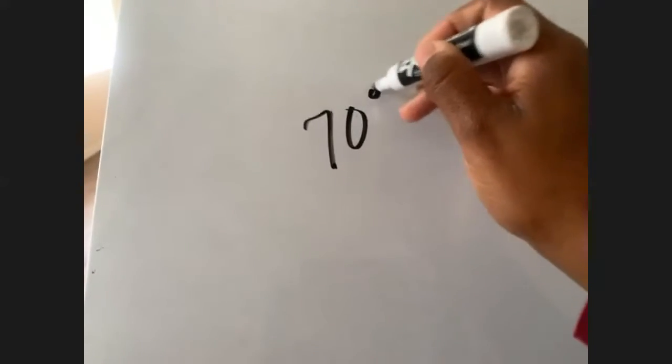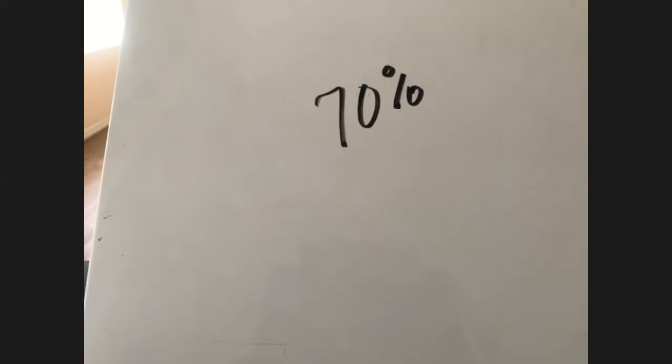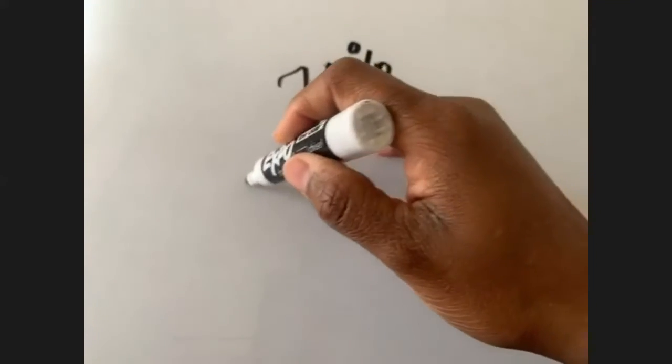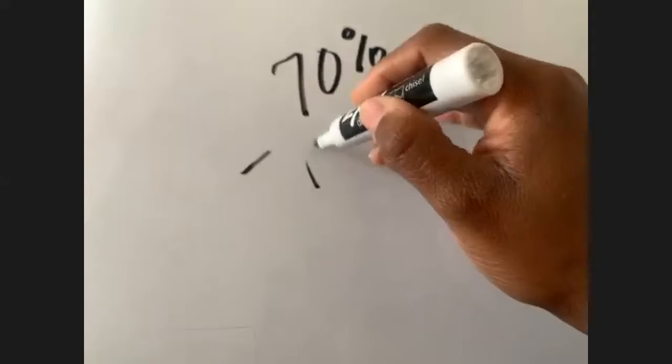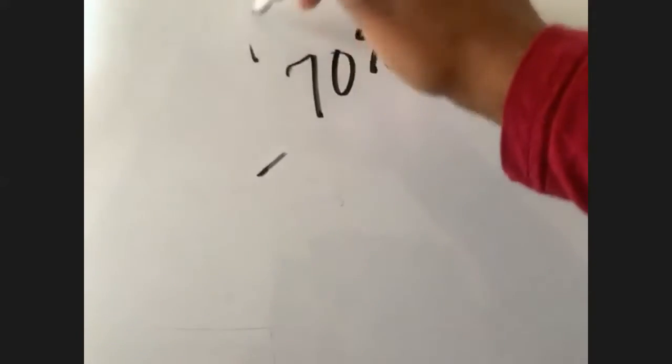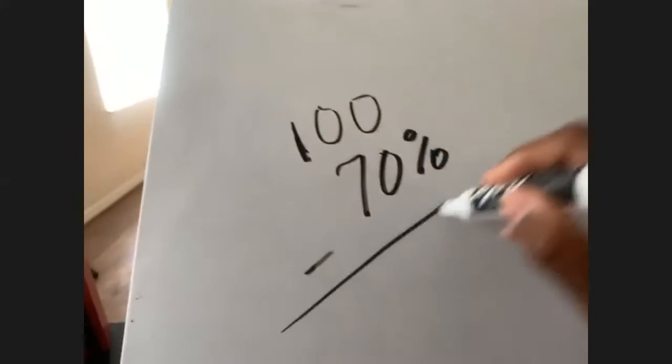70%, right? And we know that a percentage is a part of a whole. So you got 70% of the students showed up today out of 100. Sorry, out of 100.